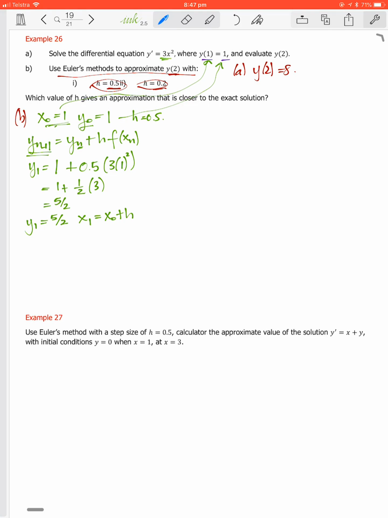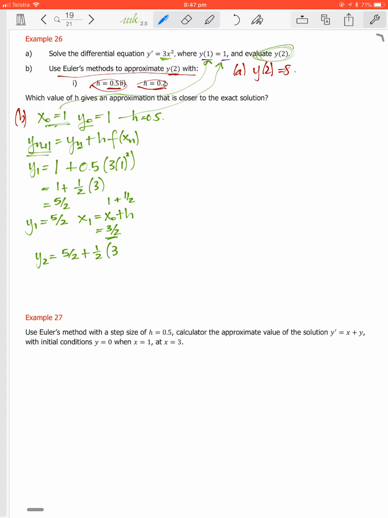Okay, but we want to evaluate y of 2. That's not 2, that's only 1.5. So then to get our next value, we get y2 is equal to y1, which is 5 on 2, plus h, which is 1/2, times f of x1, because this is y2, we use x1, so 3 times 3 on 2 squared. 3 squared is 9, on 2 squared is 4.